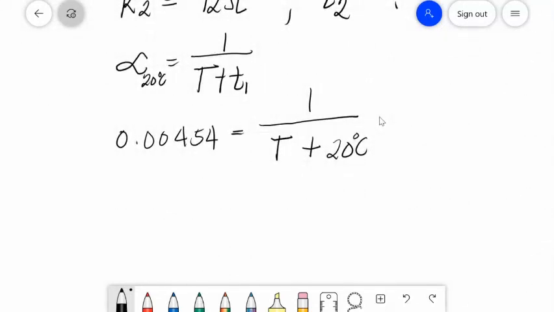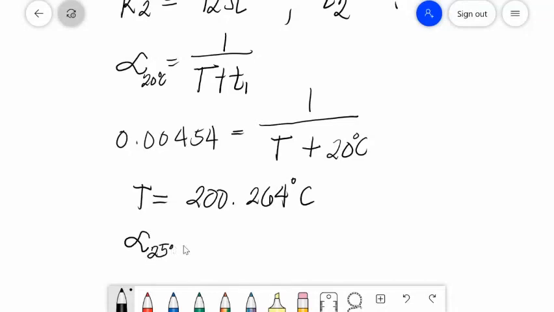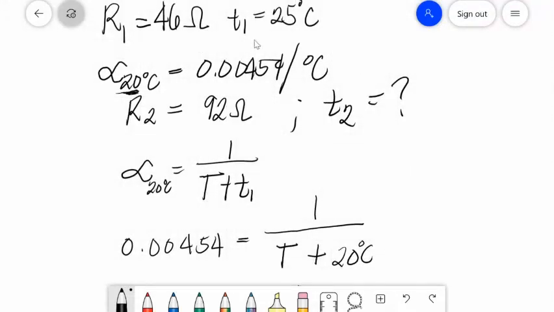Solving for the inferred absolute zero temperature T, you will get 200.264 degrees Celsius. You are now ready to solve alpha at 25 degrees Celsius, because our T1 is 25 degrees Celsius.